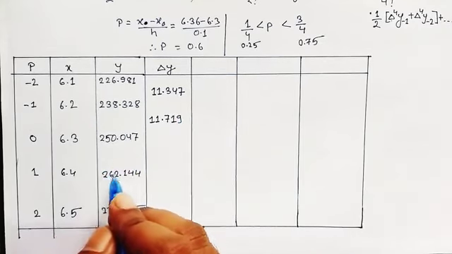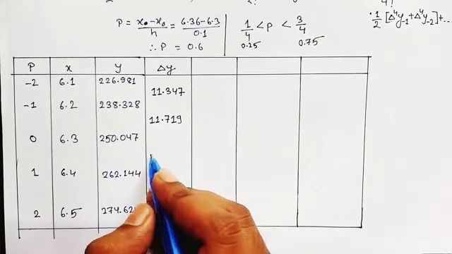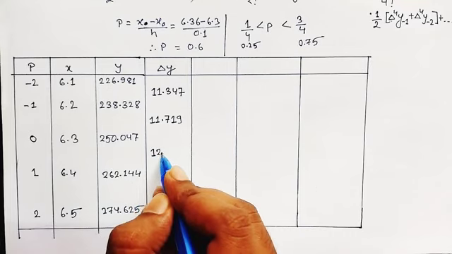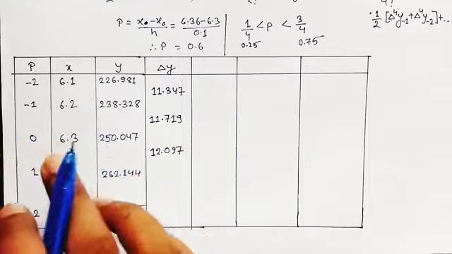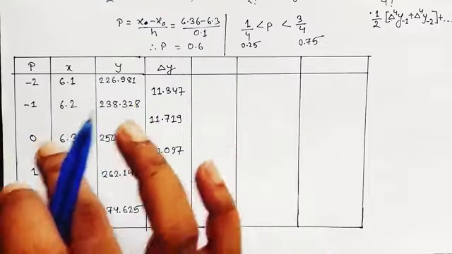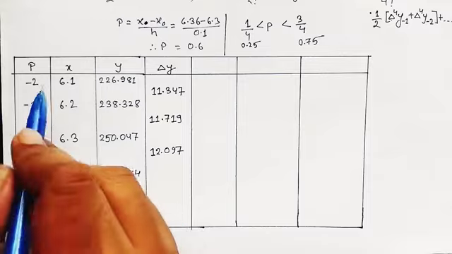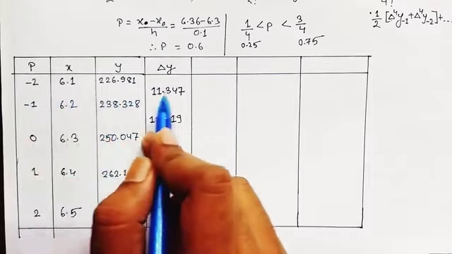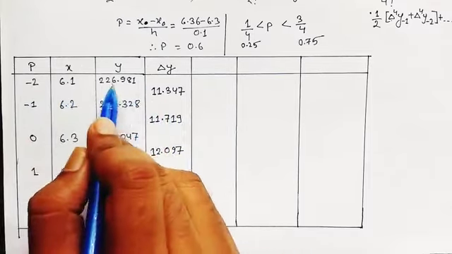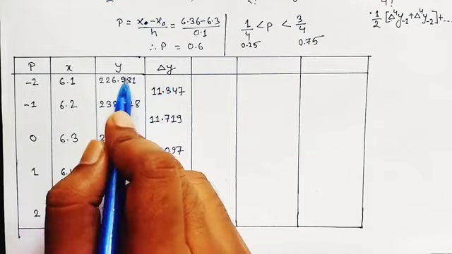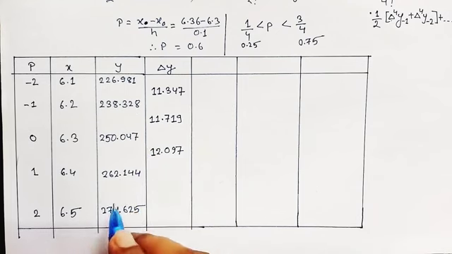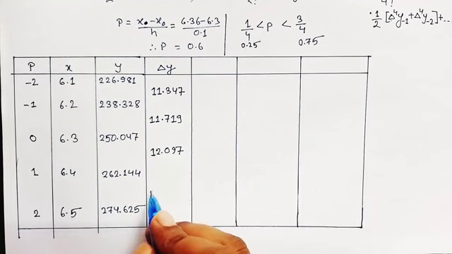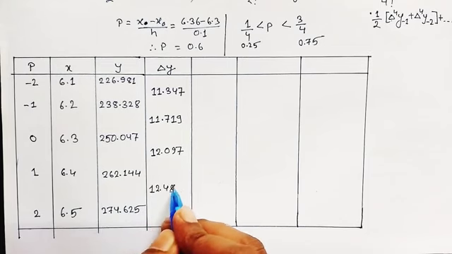Similarly, subtract this value from this value, so we will get 12.097. When you are solving this problem on ruled lined paper, try to leave a space, one column between these two lines, so that we can write the value of delta y between these two values. That is what I am doing. Now subtract this value from this value, so we will get 12.481.